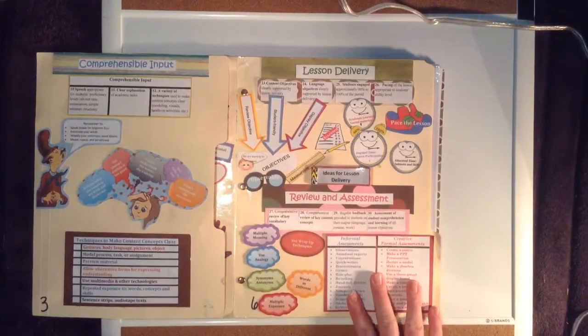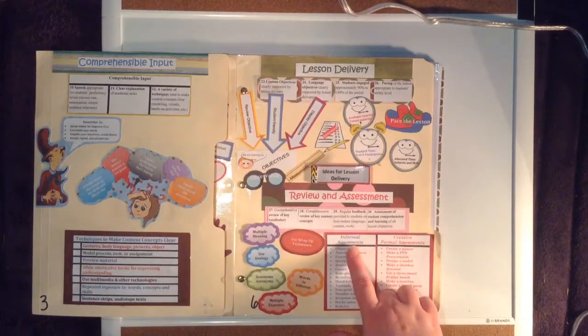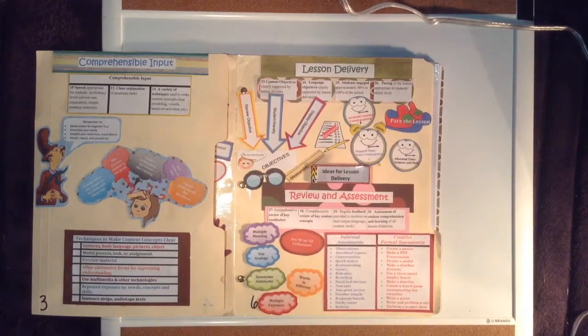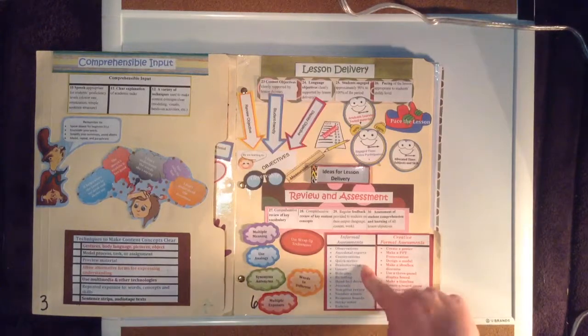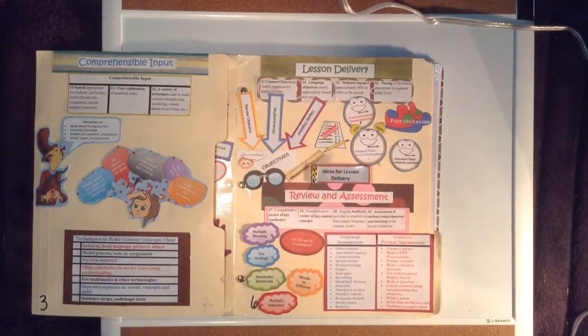Down here you'll notice there are two different types of assessments. We have informal and formal. So, under informal, you can do observations, conversations, quick writes, brainstorm. I like brainstorming a lot. Role play, retelling, handheld devices, journals, non-print review, number wheels, response boards, sticky notes, and rubrics.